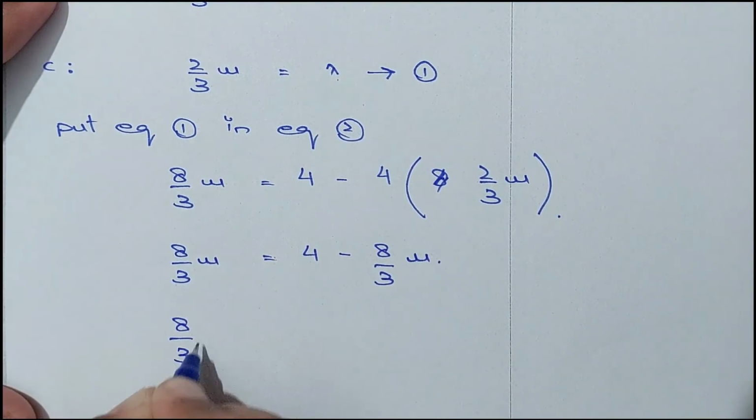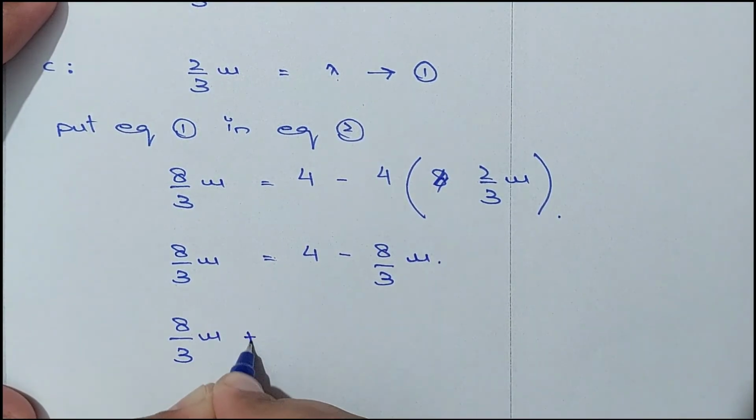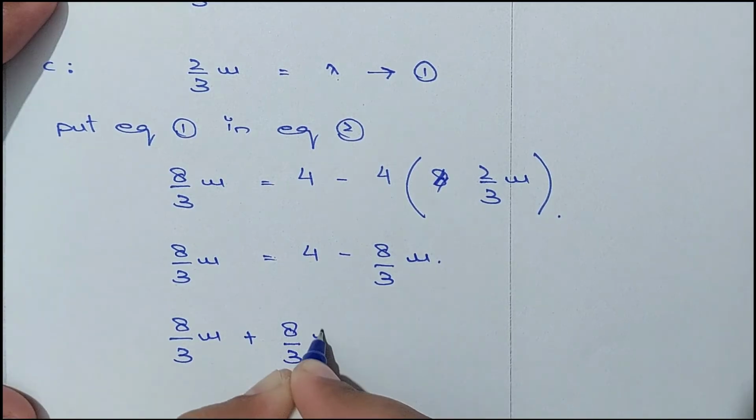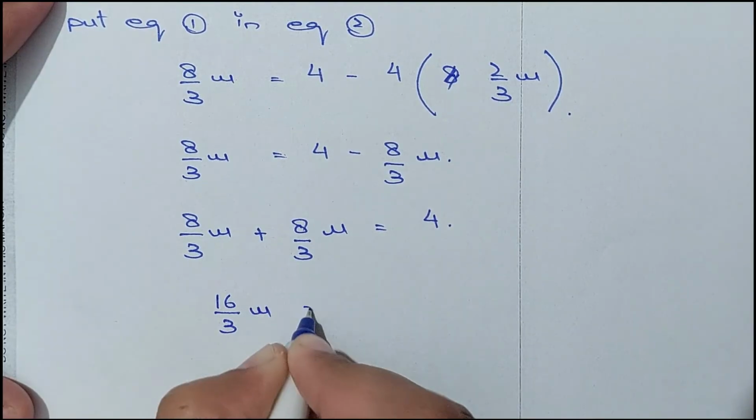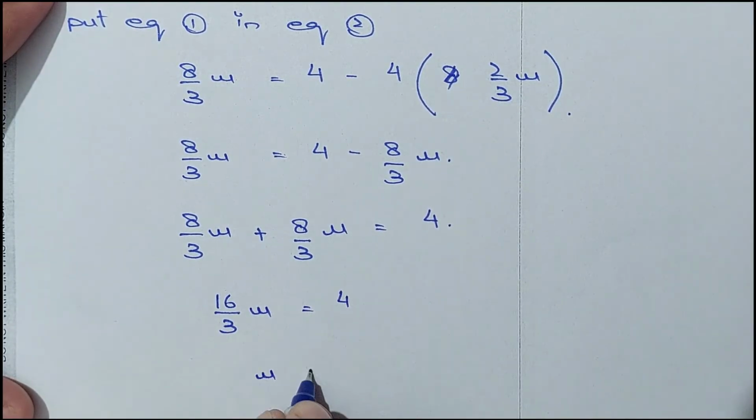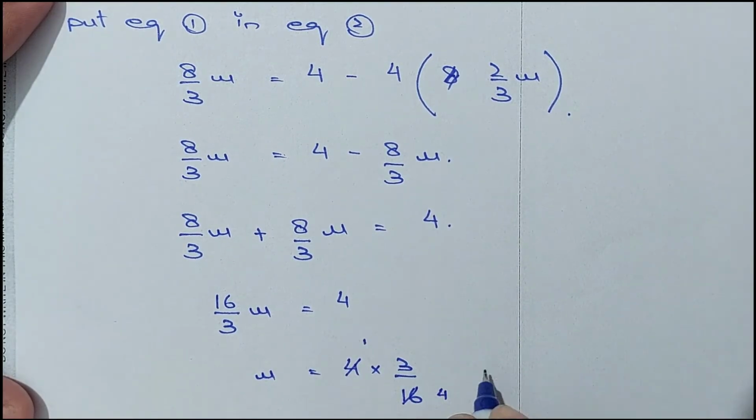Shifting this to the other side, plus 8 over 3 mu equals 4. 8 plus 8 is 16 over 3 mu equals 4, and the mu value would be 4 times 3 over 16. 4 times 1 is 4, 4 times 4 is 16, and here the value of mu would be 3 by 4.